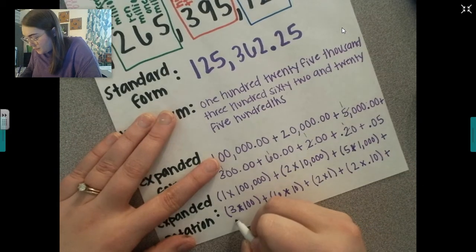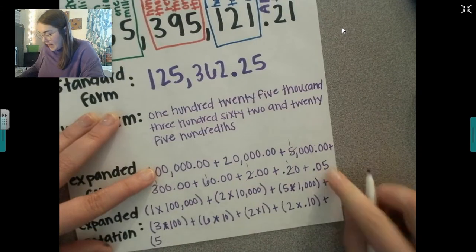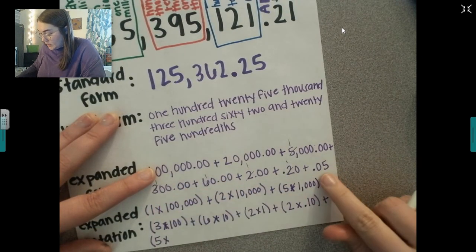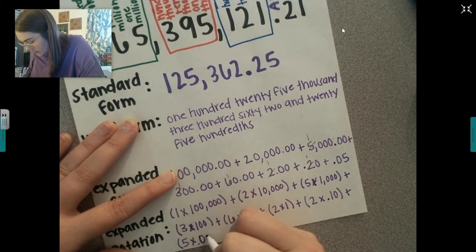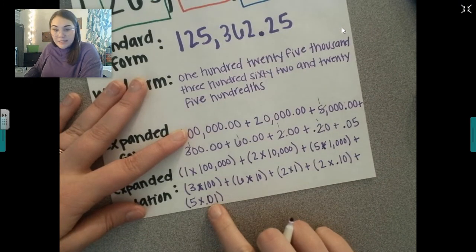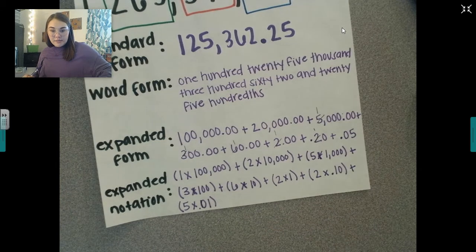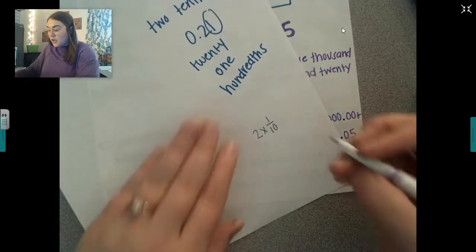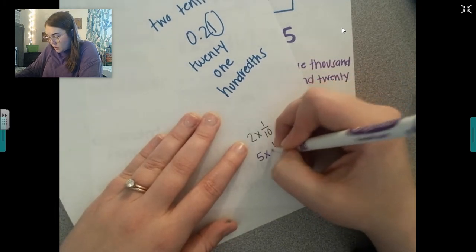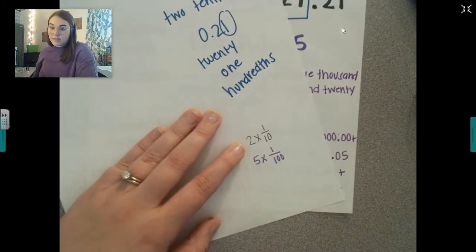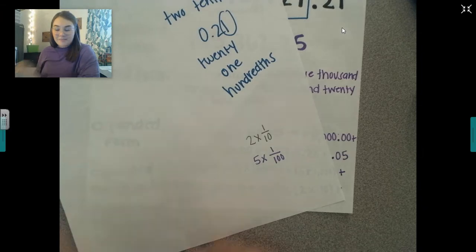And we're going to do 5, pull out that 5 times whatever place value it is in. And it is in the hundredths place. 0.01, hundredths place. So you could also see that written as 5 times 1/100th, because it's the hundredths place.